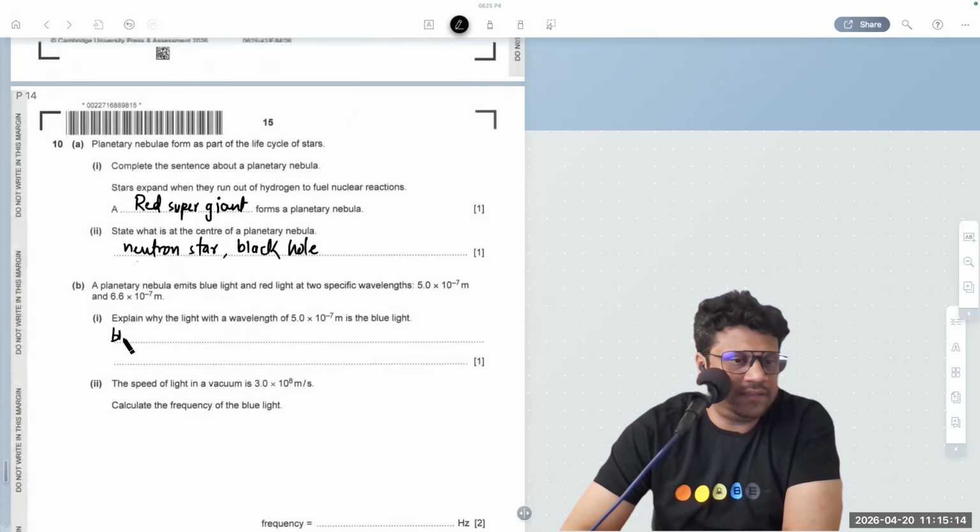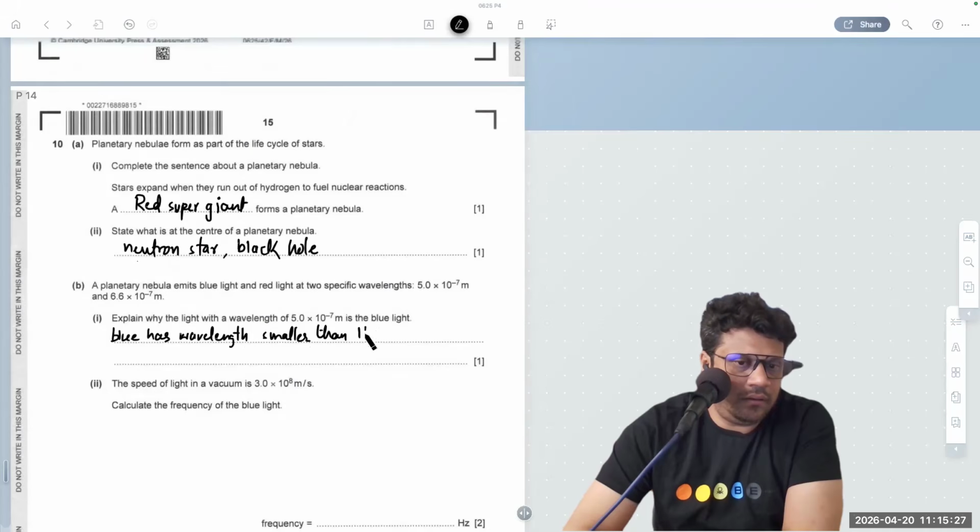Because blue has a wavelength smaller than that of red light and has higher frequency.